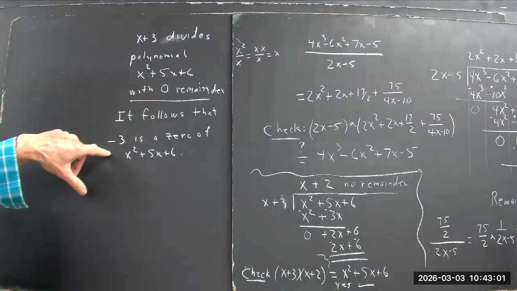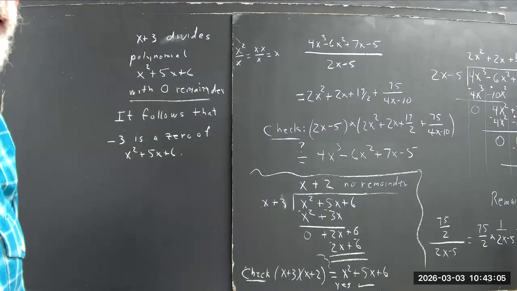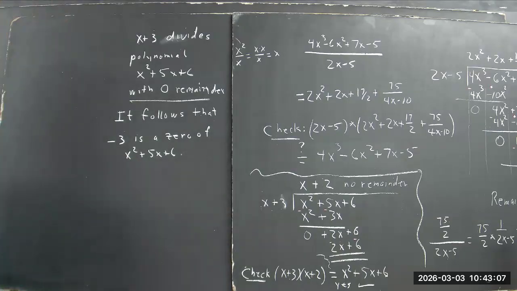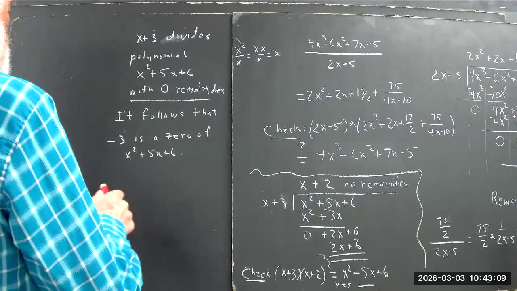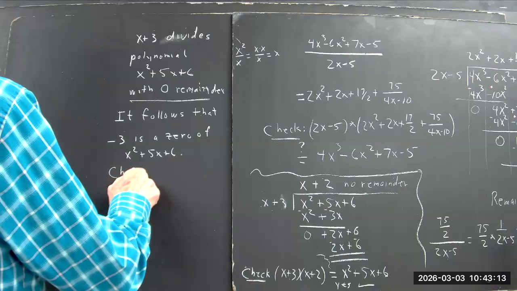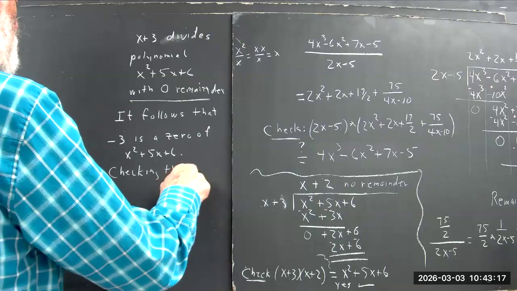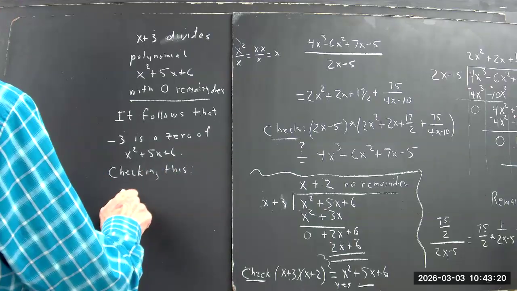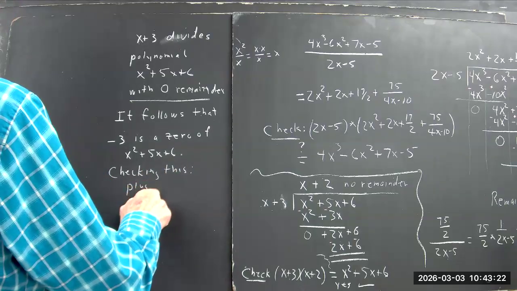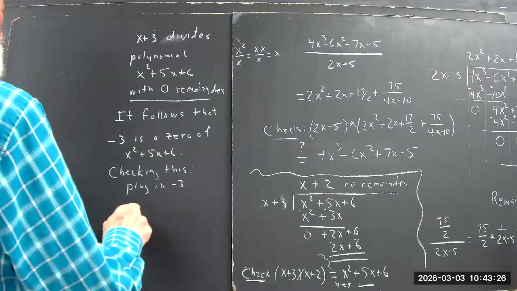I'm saying it follows that -3 is a zero of x squared plus 5x plus 6. Checking this, plug in -3.